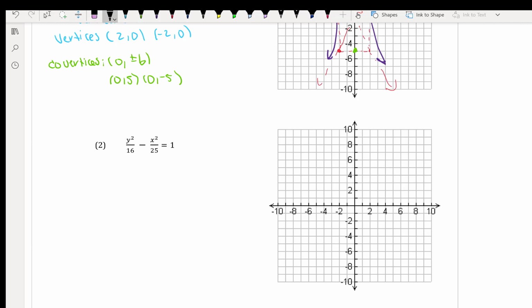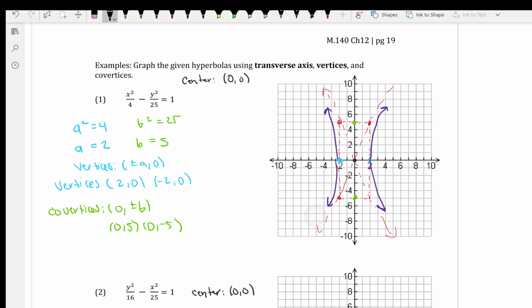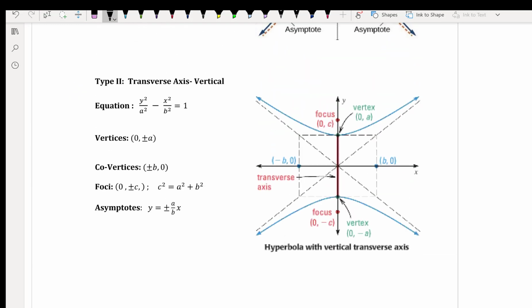And I still have my center at 0, 0. And so just to kind of look at this, I have my vertices at 0 plus or minus a now. So a is still going to be the denominator of your first fraction no matter what it is, but the vertices are slightly different.